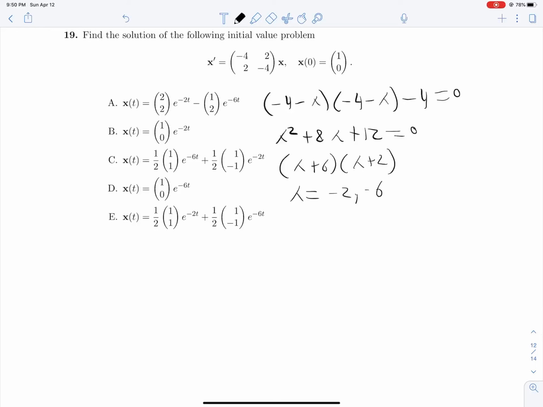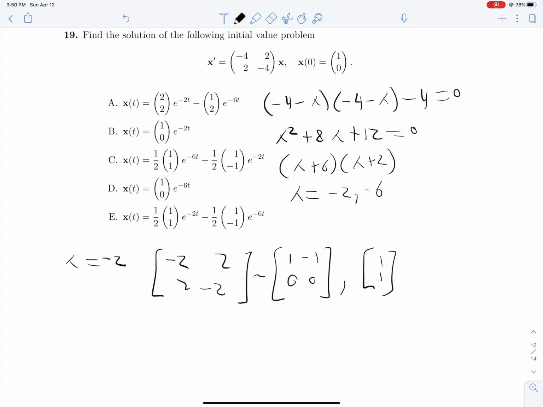Okay. From this, for lambda equals -2, find A minus lambda I. That will be -2, -2, 2, 2. We can simplify this down to 1, -1, 0, 0, and find an eigenvector of 1, 1 from this, because this is saying x1 is equal to, if we move that -1 to the other side, x2.